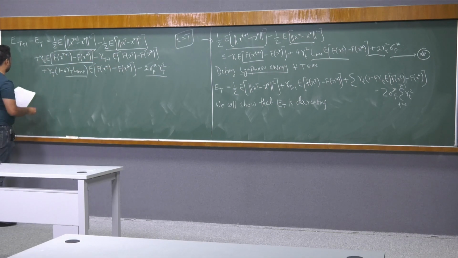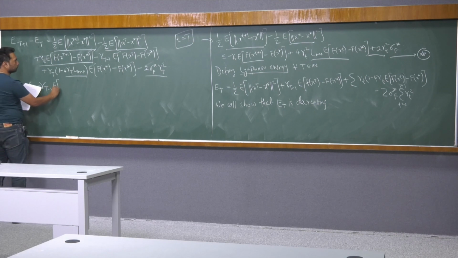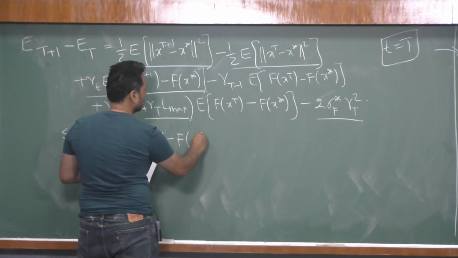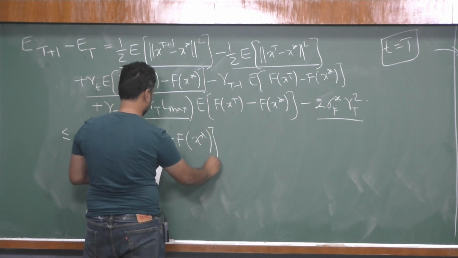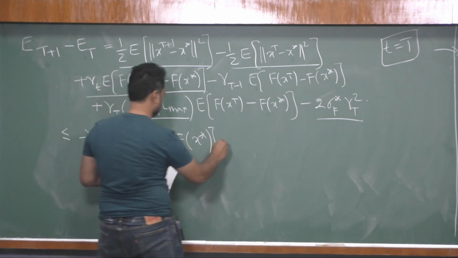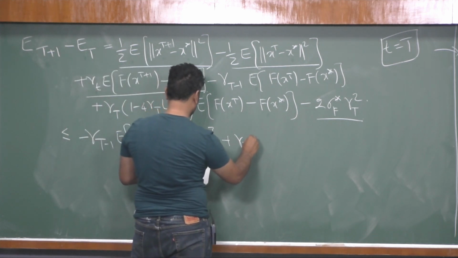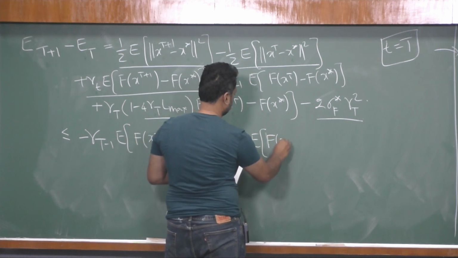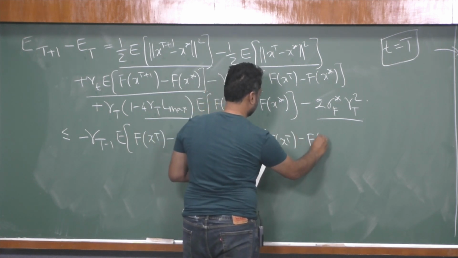So that's why we will have less than equal to now, and the remaining term is minus gamma t minus 1 expectation of f x t minus f x star, so this term, and plus this term, okay, plus gamma t expectation of f x t minus f x star.